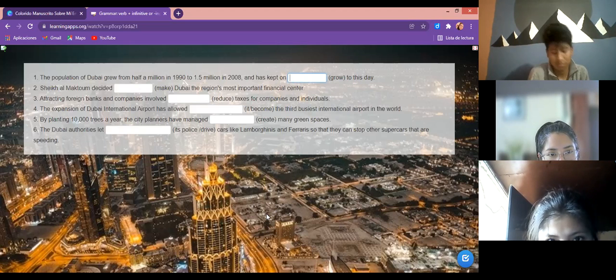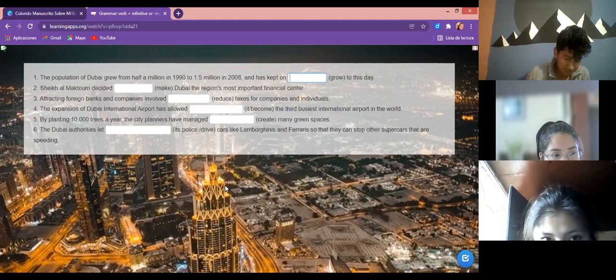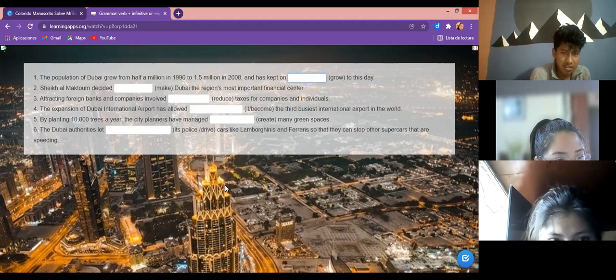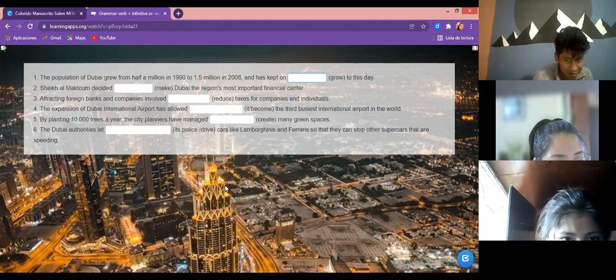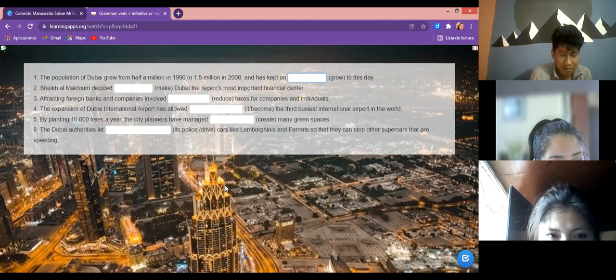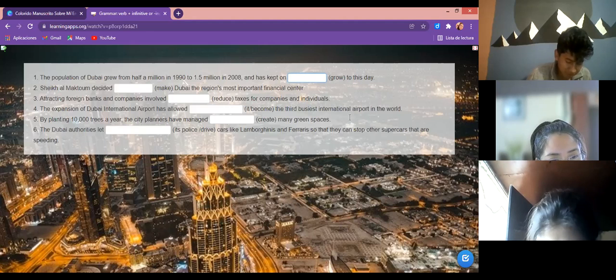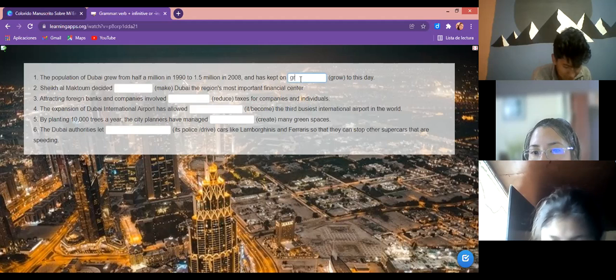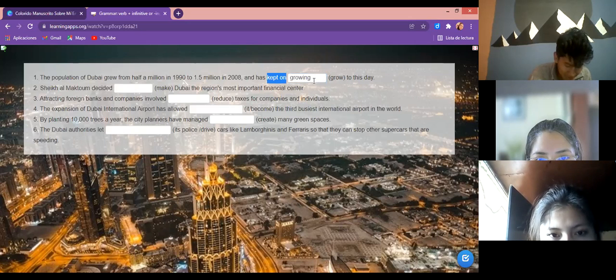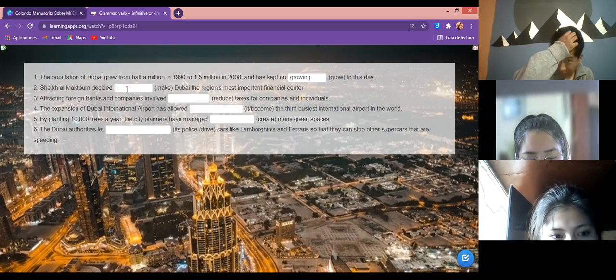Okay, number 1, the population of Dubai grew from 500,000 in 1990 to 1.5 million in 2008 and has kept on growing to this day. Yes, excellent. So let's remember, when you have a phrasal verb, you have to put the other verb in an ing form. So excellent. Thank you so much, Vane.